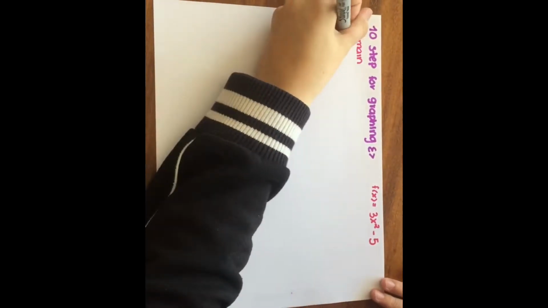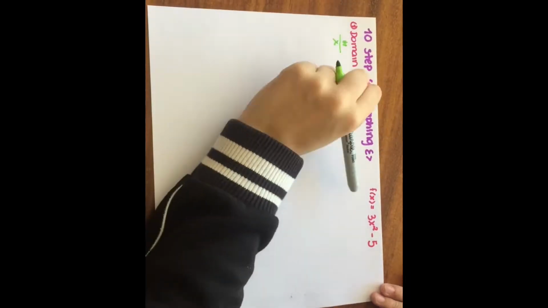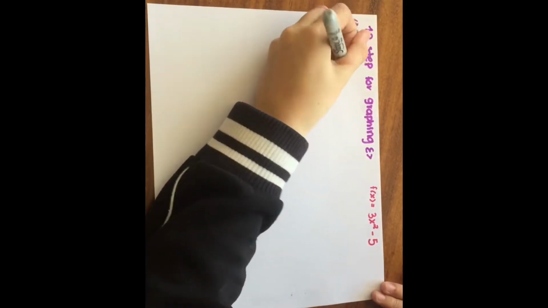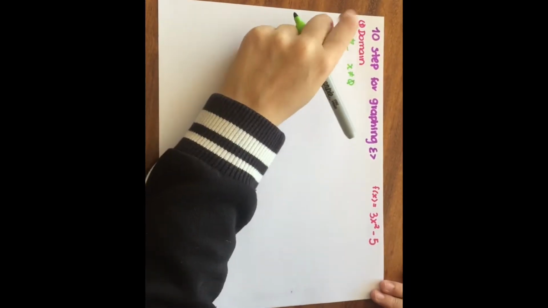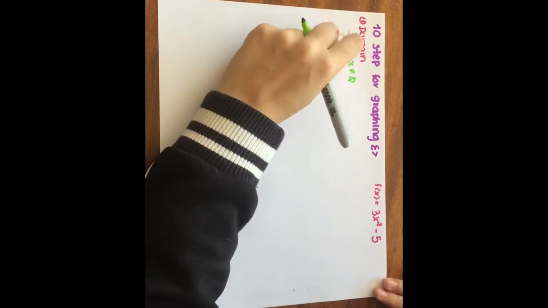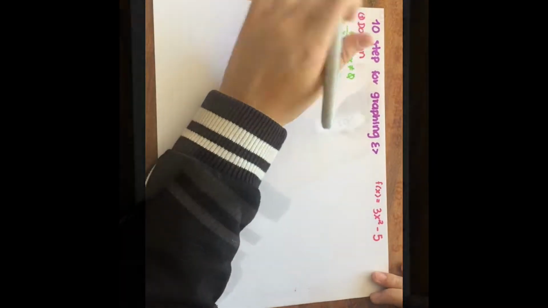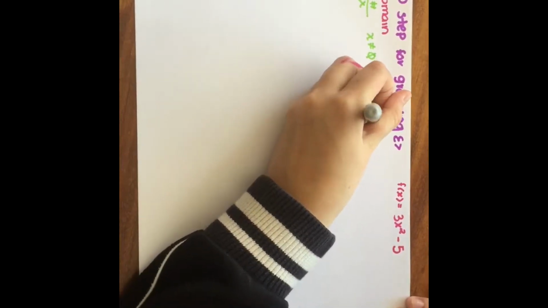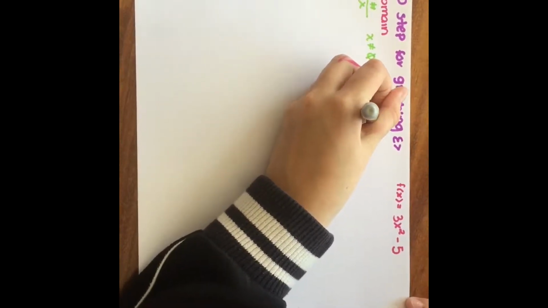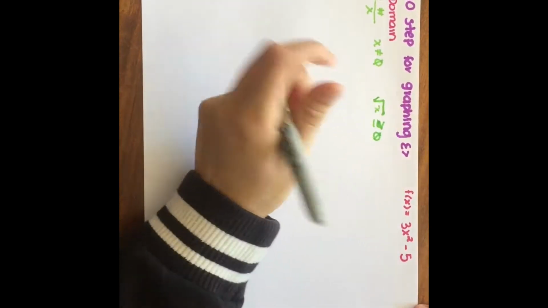We have different restrictions. If you have something over x, you will get a restriction. So x couldn't be 0 because in the bottom you can have 0. This must be bigger than 0, bigger or equal.